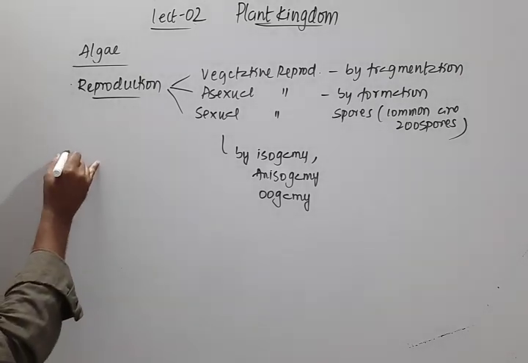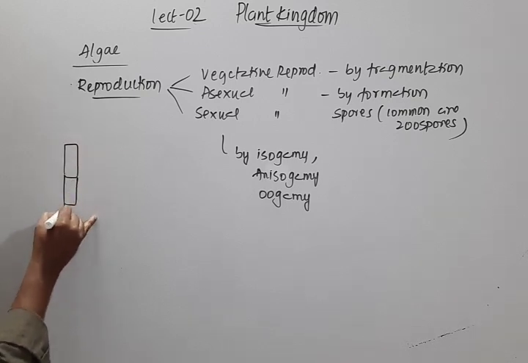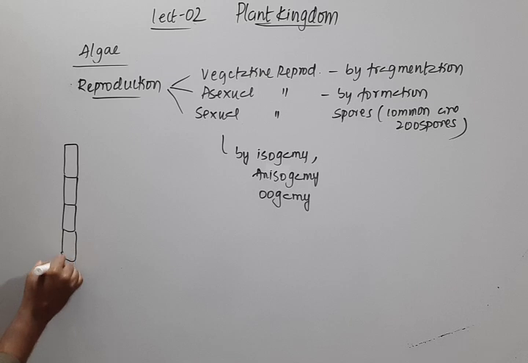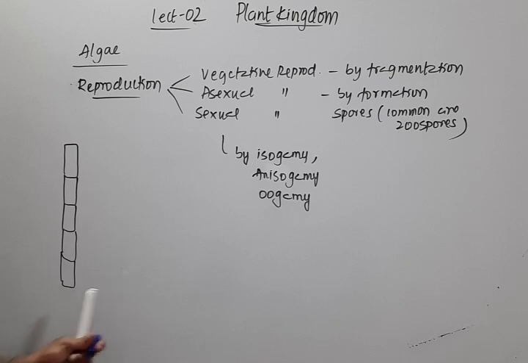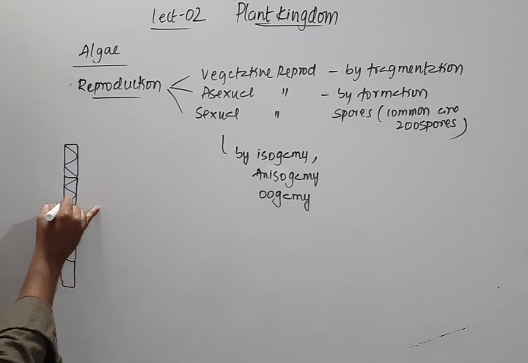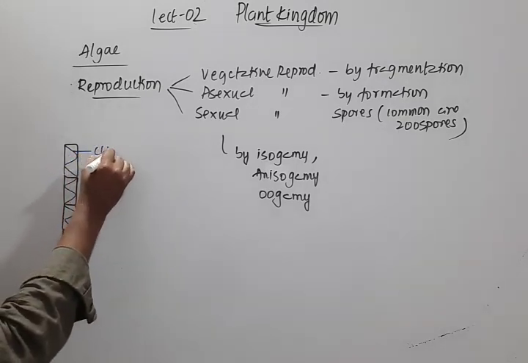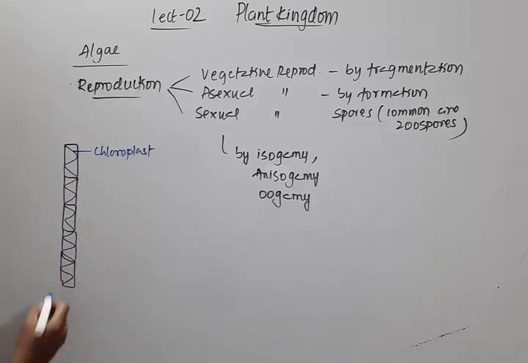We can see it in filamentous forms, like in case of Spirogyra. Spirogyra is a filamentous form, and its chloroplast is spiral in shape. We can see here, this is its chloroplast, and this is Spirogyra.